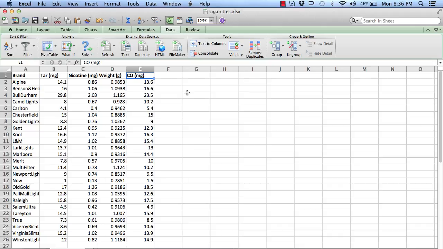And so what I would like to know is which of these possible explanatory variables best predict the dependent variable of carbon monoxide.